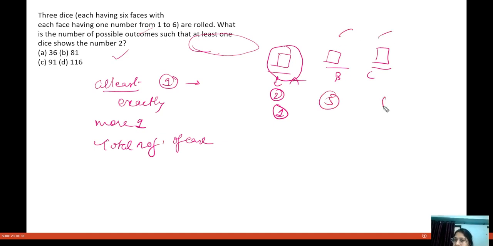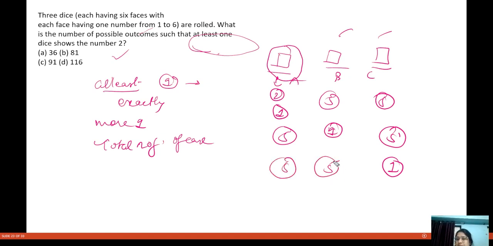So these can be done in 5 and 5 ways. And when this one is showing 2, that is only one outcome, and this one can show 5. And when this one is having 6, then only one outcome is possible here, and this one is showing 5. Basically you will multiply all these possibilities.